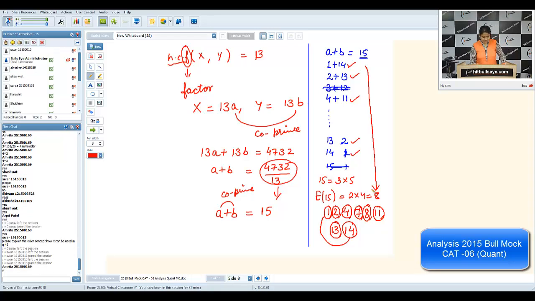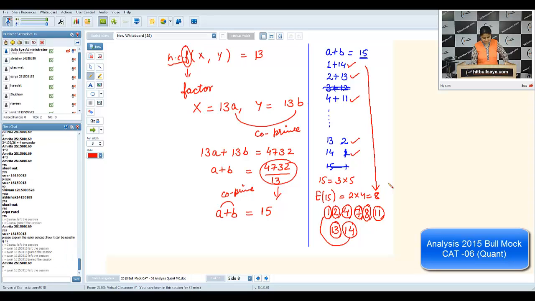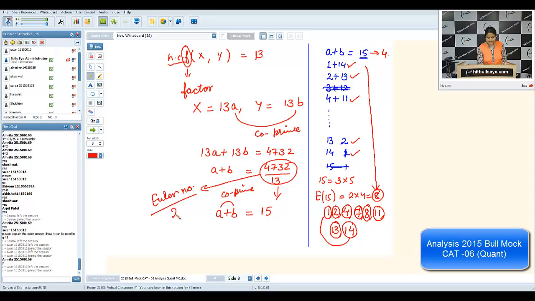You should know the meaning of Euler number, then only you can understand this. What is 15's Euler number? It will be 8. So if 8 numbers are there, how many pairs can be made? They are 4. That's why we will calculate Euler number of the expression, then we will divide it by 2. And that is the answer in this case. Is it okay? All of you?